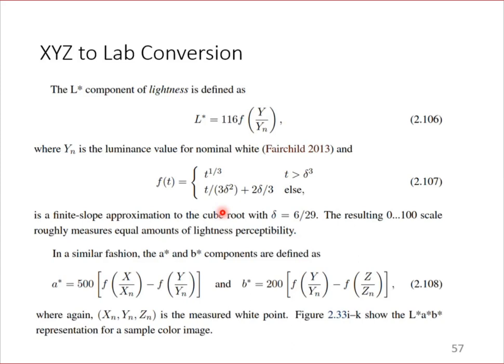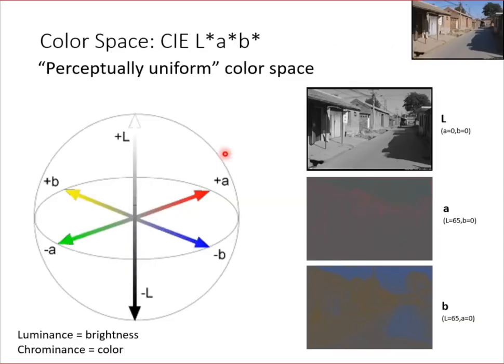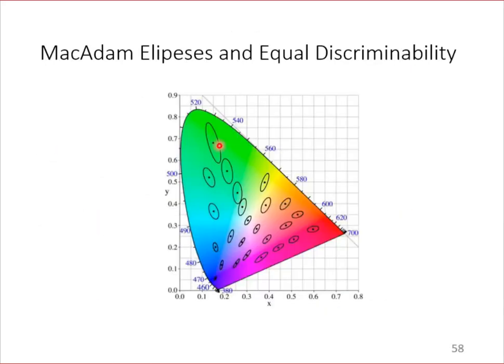For this CIE L star A star B star color space, let's go back to the gamut again. You can see there are many ellipses. If you make a shift from one point to another point in the L star A star B star color space, it's very similar to moving from a point to a nearby point.